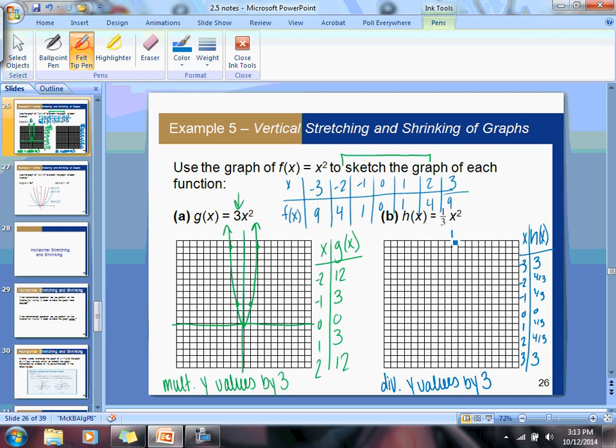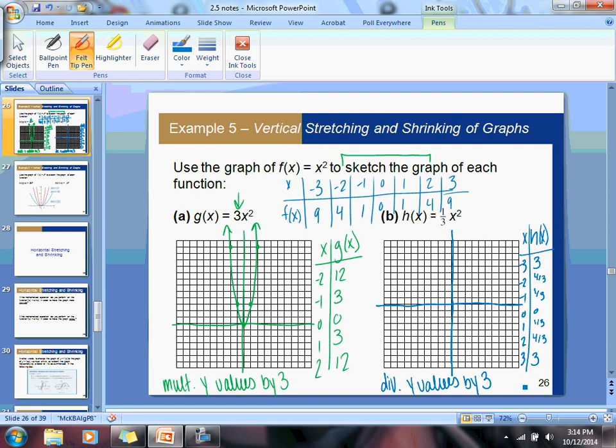So this is going to be a little bit trickier to graph just because I'm going to have those fractions in there. This is why sometimes it's good to find whole numbers that you can graph that will give you whole number values. Like I could have gone to 6 and -6, or I could have gone to 9 and -9.